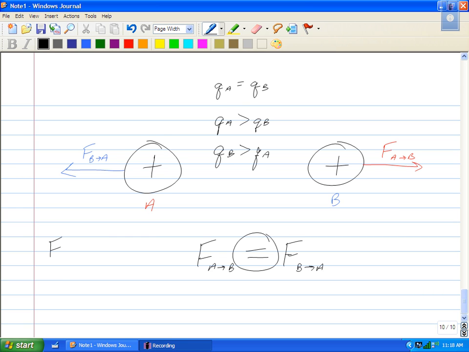What is that force equal to? If we wanted to know, what information would we need to be able to determine the magnitude of that force?